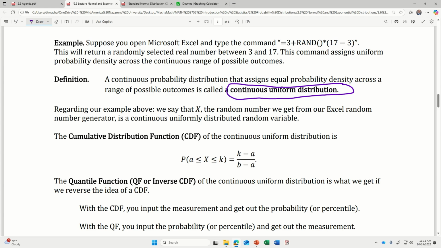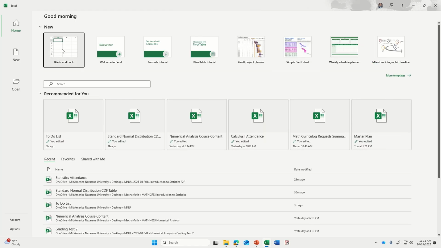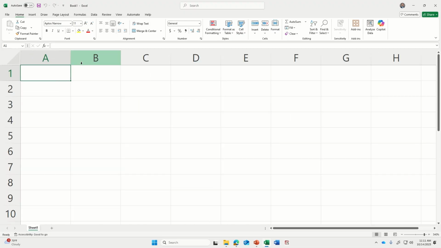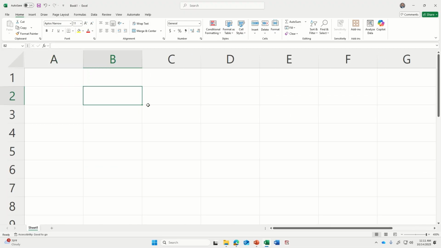If I were to open up Microsoft Excel and type in this command, equals 3 plus RAND times open parentheses 17 minus 3, I'll show you what that would look like.